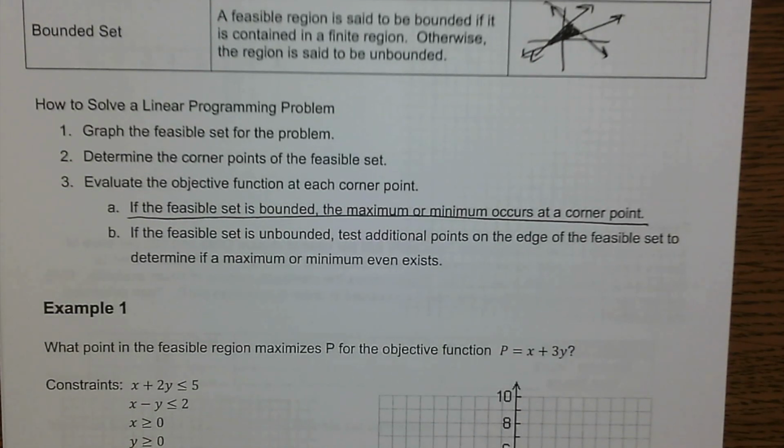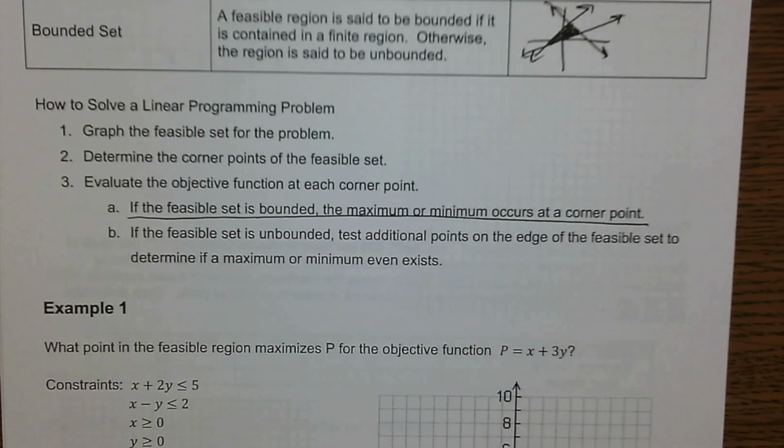If it is bounded, your maximum and minimum will be a corner point. You just have to determine which corner point it is. If it is unbounded, then you need to test additional points on the edge of the feasible set to determine if the max or min even exists.